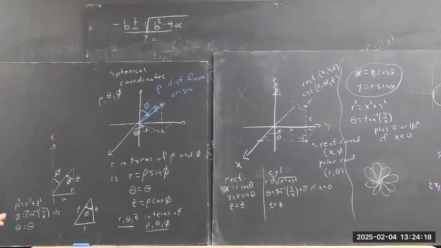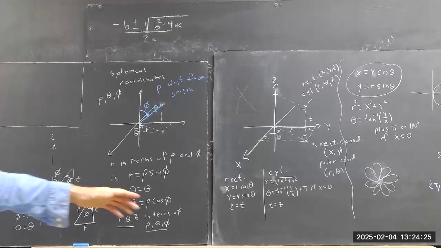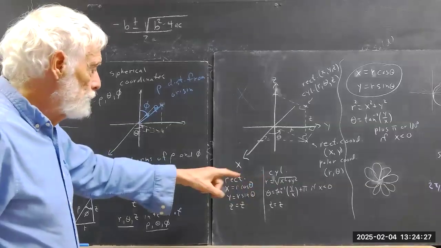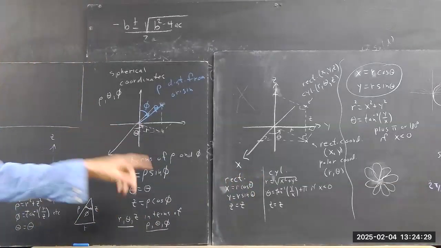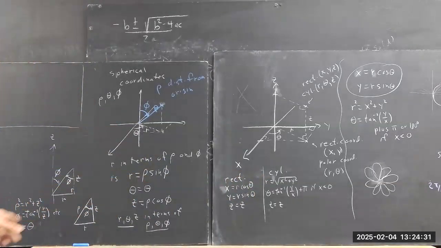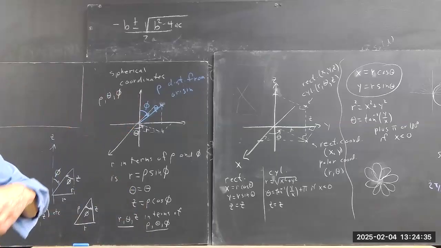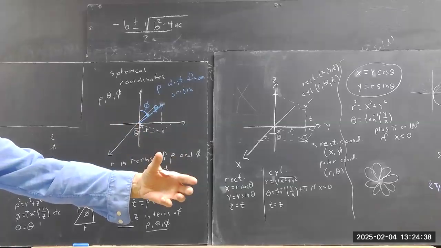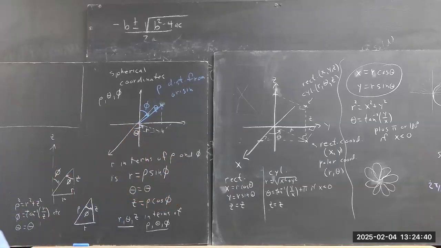Okay, and then we can relate all this to rectangular coordinates. So now we see how to do cylindrical in terms of rectangular. We see how to do spherical in terms of cylindrical and cylindrical in terms of spherical. We still need to see how to do rectangular in terms of spherical or spherical in terms of rectangular.